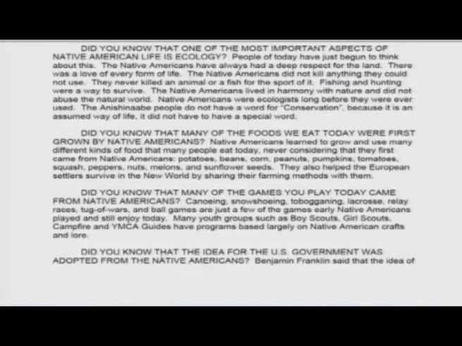As we observed when we were looking at the introductory paragraph, the main purpose here is to focus on the contributions of Native Americans and gather the attention of readers.